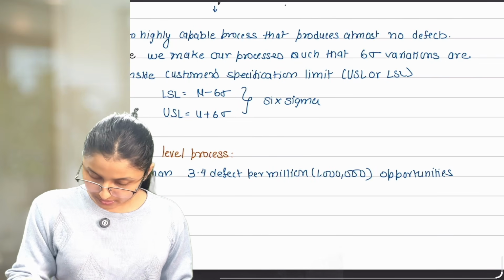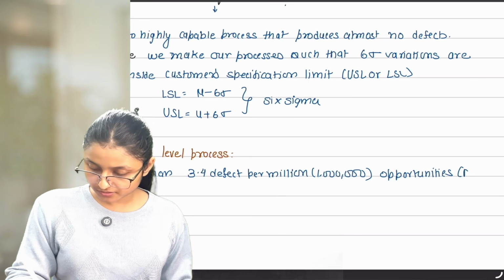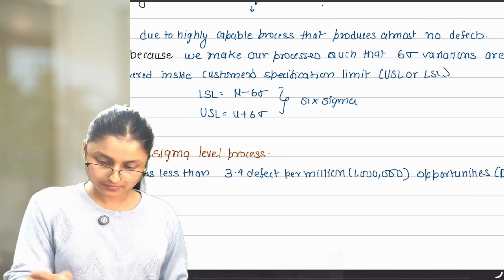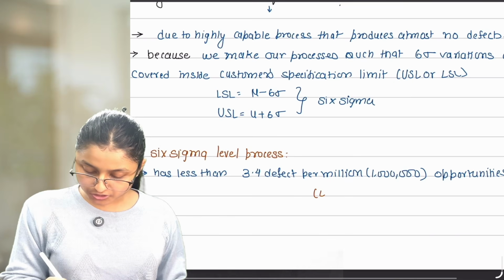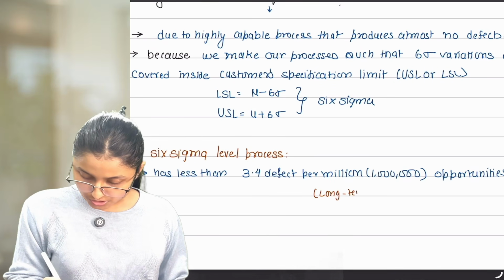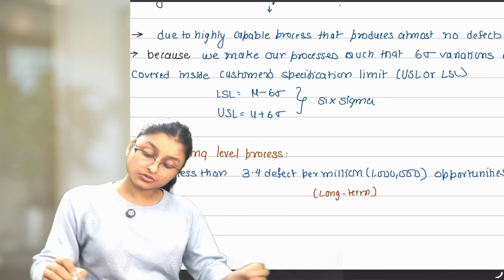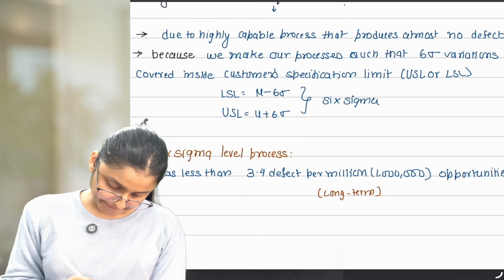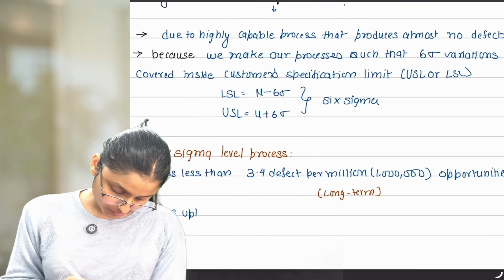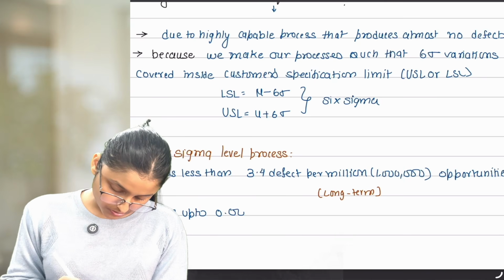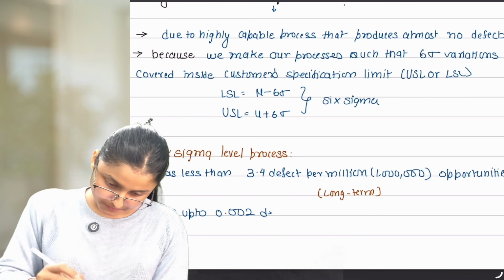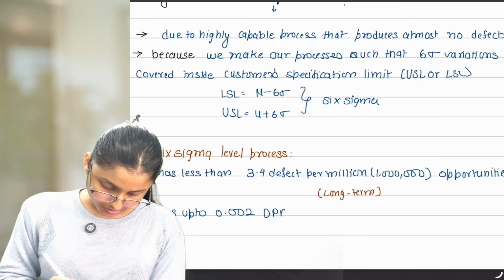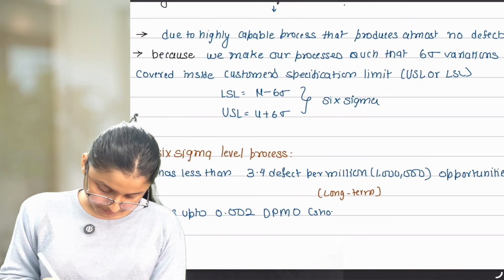Defects per million opportunities can also be written as DPMO. In the long term, it is 3.4 defects per million opportunities; in the short term, it is 0.002 defects per million opportunities.